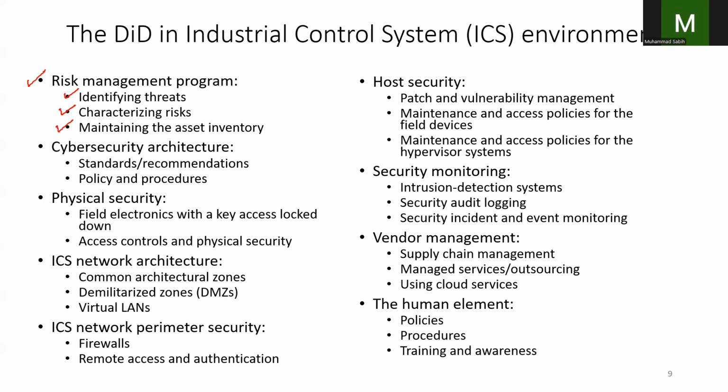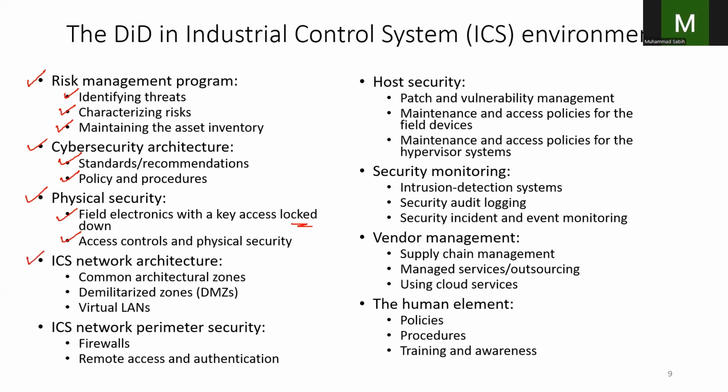So this is the first thing that we start with. The second thing is the cybersecurity architecture, and this includes what kind of standards we should adopt, and what kind of policies should be enforced. Then the physical security about the field devices: they should be logged properly, and the physical access should be strictly controlled.